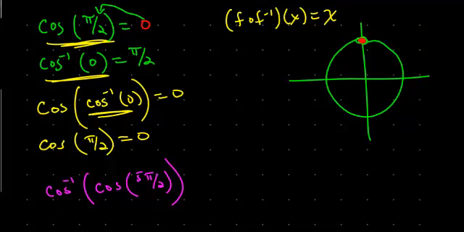Well, you might be tempted to say that that equals 5 pi over 2, but that is going to be wrong.